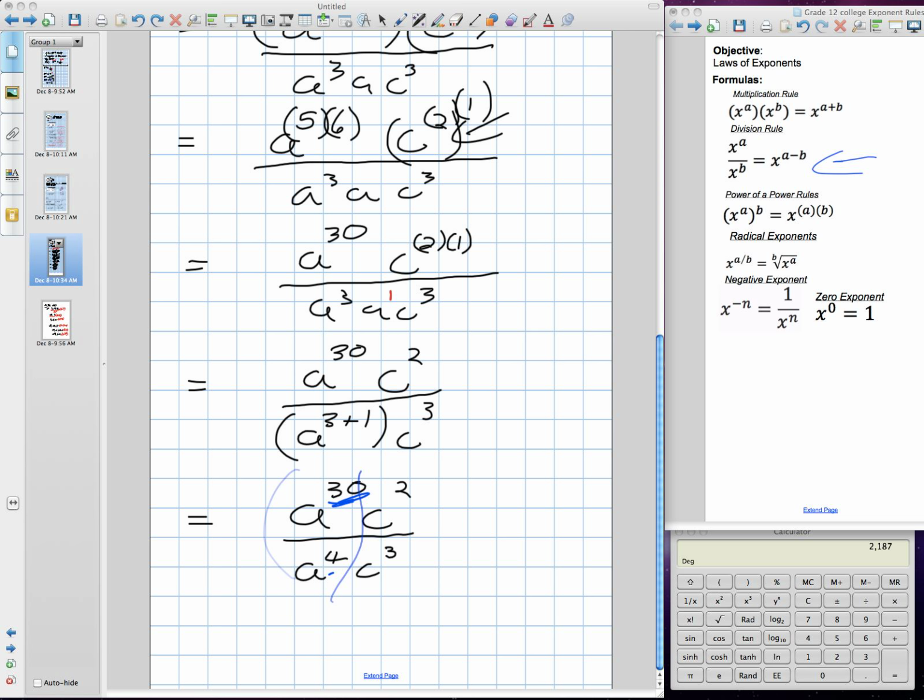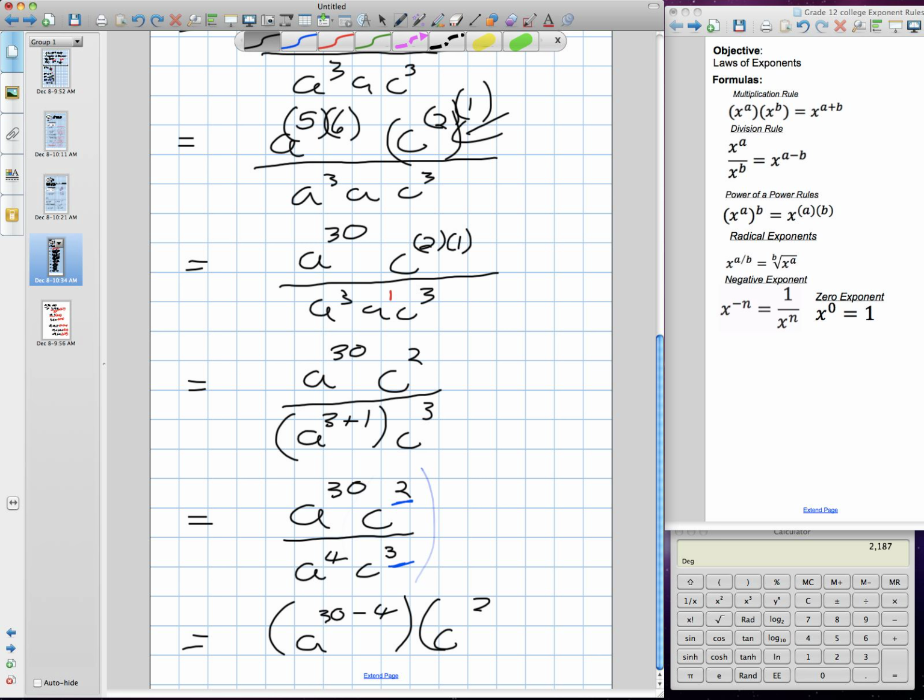So 30 subtract 4. You can rewrite this as just the base A, 30 subtract 4. And I'm going to do the same thing with our C. It's the exact same rule. We have our top exponent and we subtract the bottom one. So we have C to the power of 2 subtract 3.